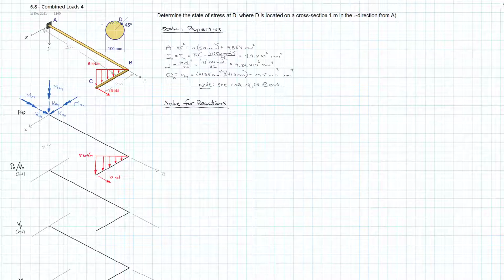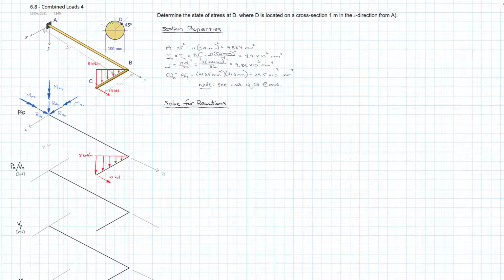Now I'm going to do something a little bit different with this, in that we're going to create the graphs for the various forces in the X, Y, Z directions and the moments about X, Y, and Z. And we're going to lay them out on the structure itself.